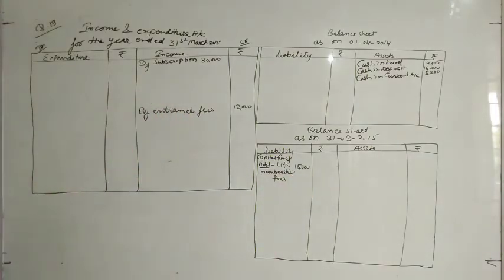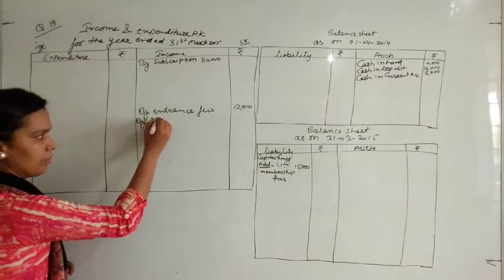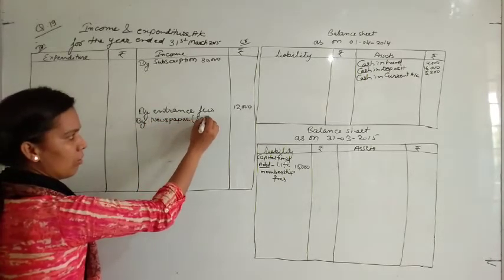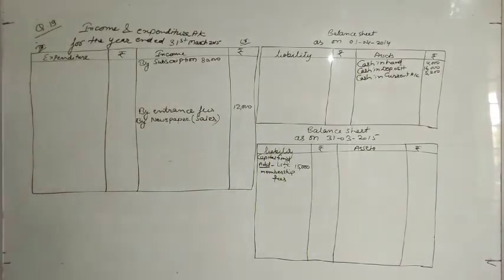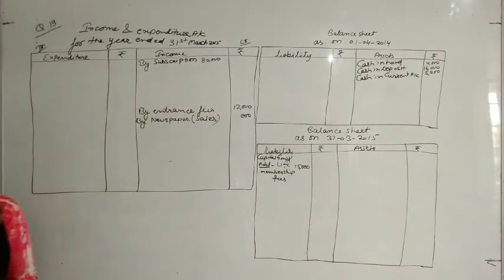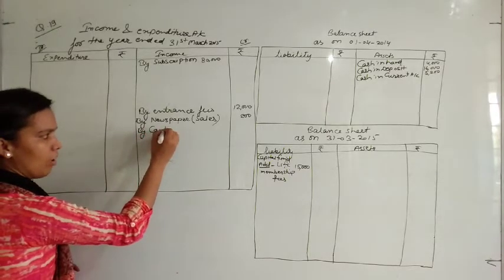Next item is newspaper. You are selling newspapers, so this is also a kind of revenue income. So write it in the income and expenditure account. Only 200 rupees you are getting from selling newspapers. Canteen collection. This is also related to the income and expenditure account.